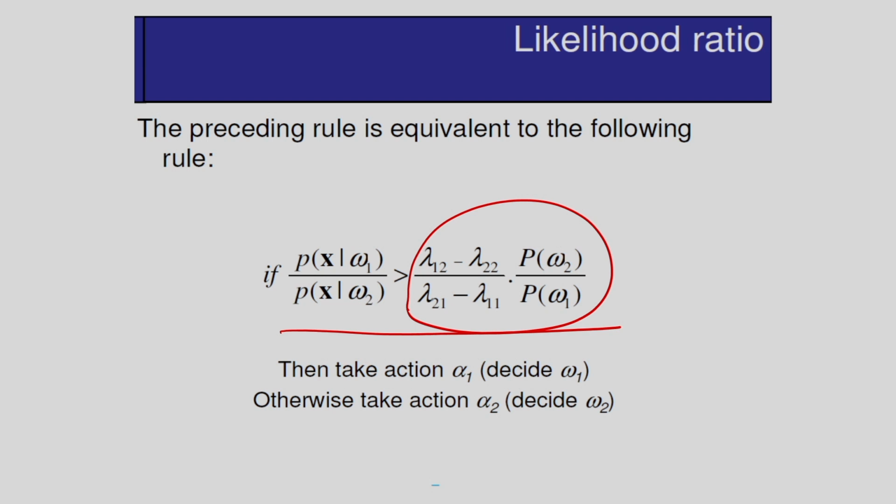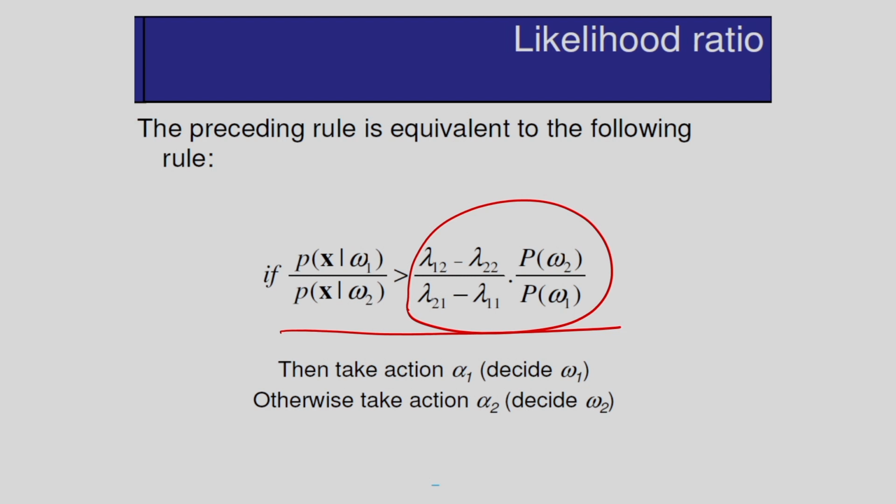If this condition is satisfied, then we consider the action alpha 1, and the corresponding class is W1. Otherwise we take the action alpha 2, and the class will be W2. So based on this decision rule we can do the classification.